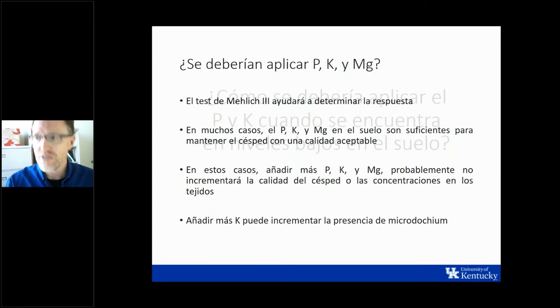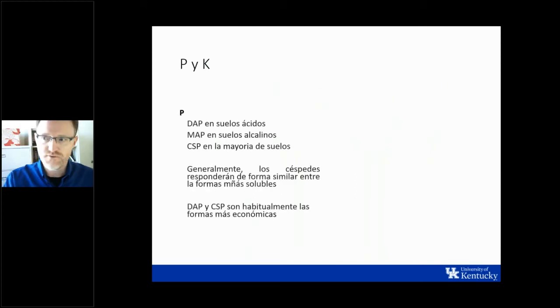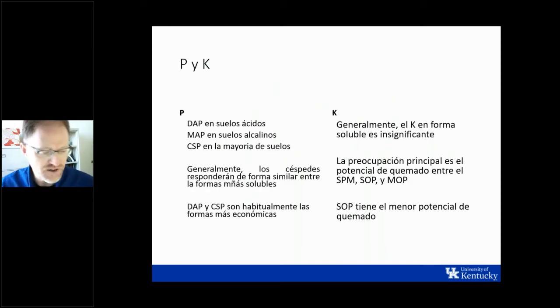However, when you need to apply them, how should P and K be applied when soil is low? Okay. With phosphorus, DAP, which stands for diammonium phosphate, on acidic soils, monoammonium phosphate on alkaline soils, and concentrated superphosphate on most soils.